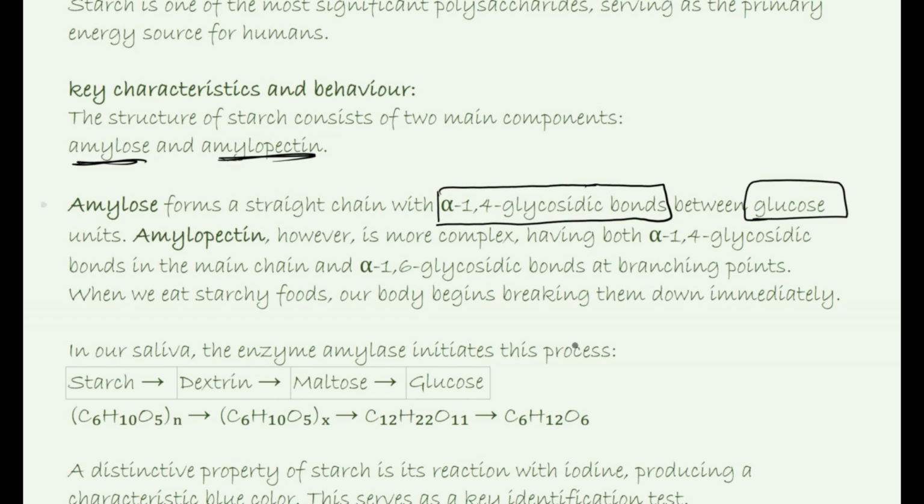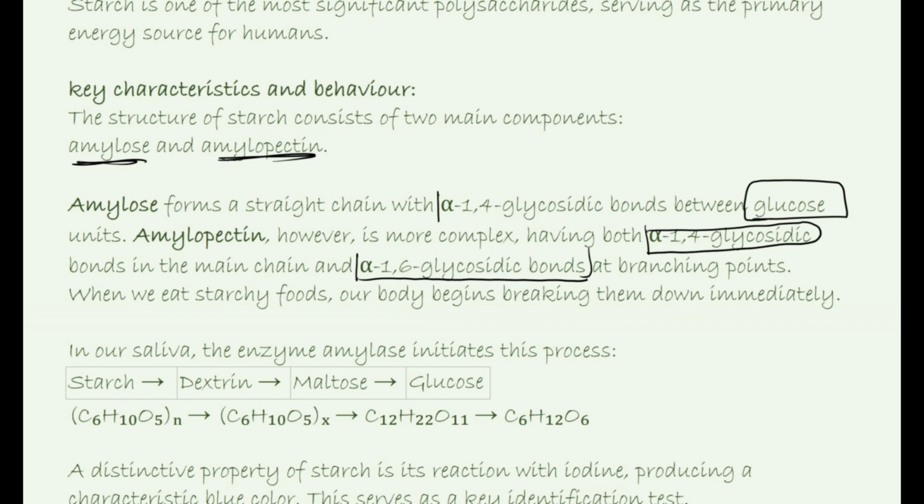But in the case of amylopectin, it is a more complex structure, but the point to be noted here is alpha 1,4 glycosidic bonds in the main chain and 1,6 glycosidic bonds at the branching chain. Okay, so these points, just note them down, which are very, very important.